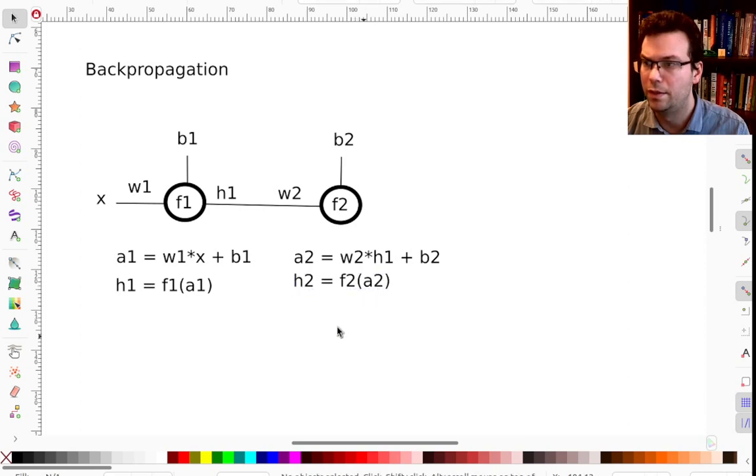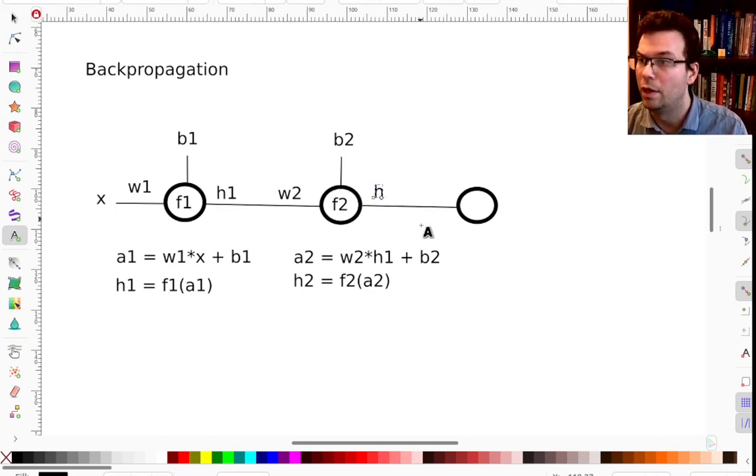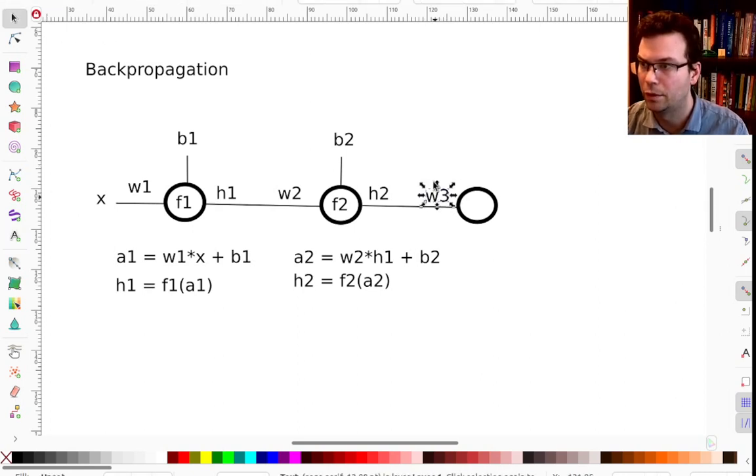All right, so then this outputs something called H2, and let me do one more layer here. And I think that'll be enough to illustrate what I'm trying to show. So the output of this is H2. That is going to go into another layer. We're going to apply a weight on the way in. So I'll call this W3, weight on the way into layer 3.